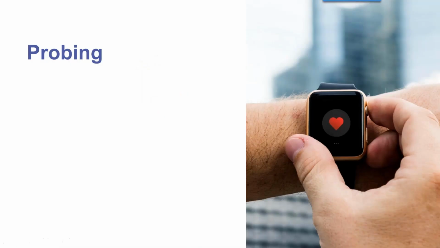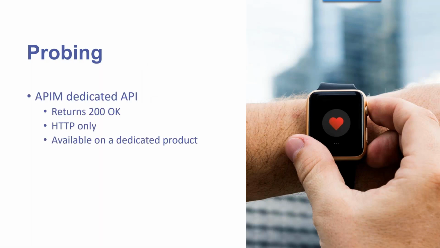In order to do the probing, what I came up with was basically I created a dedicated API that has only one GET method that always returns 200, right? And it's only running on HTTP because I just wanted it to be fast and not use too many resources. In order to guarantee that other people are not using that, I put that on a dedicated product and only generated a key, or don't use a key, but then don't display that product to other people.